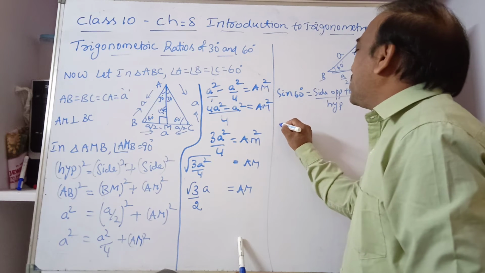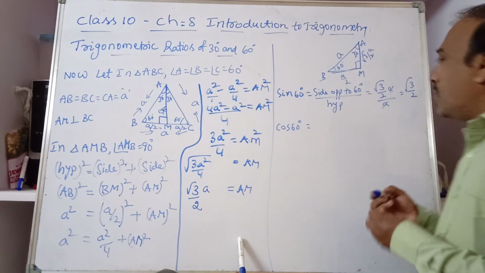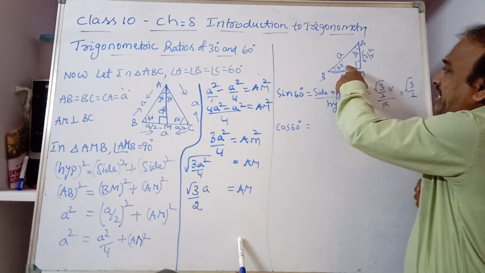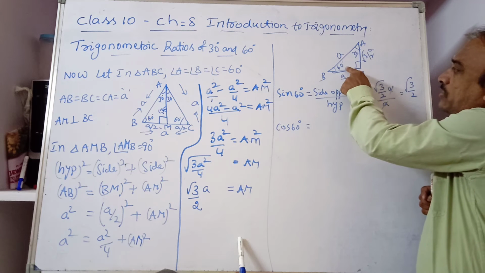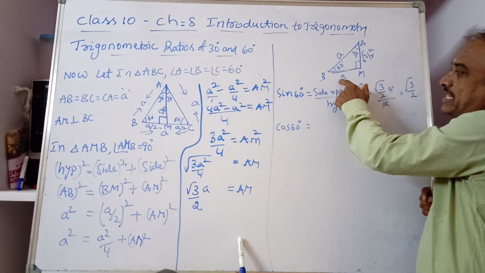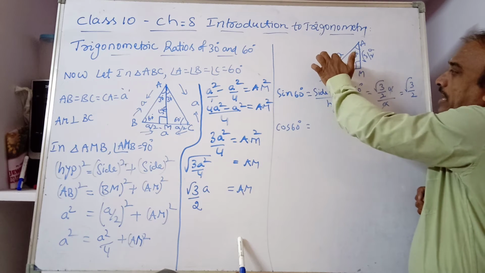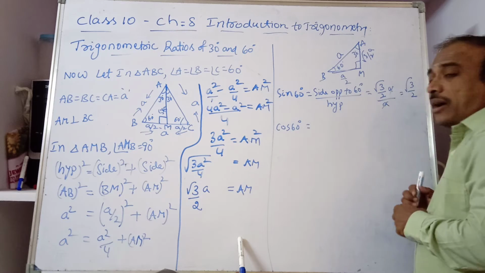Similarly, cos 60 degrees. With respect to 60 degrees, I am not taking B or A. The adjacent side is this one, and this is the hypotenuse.